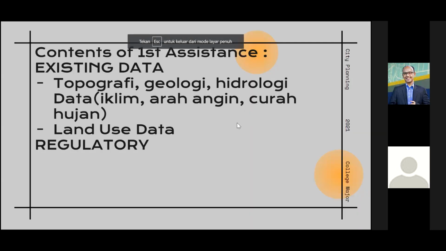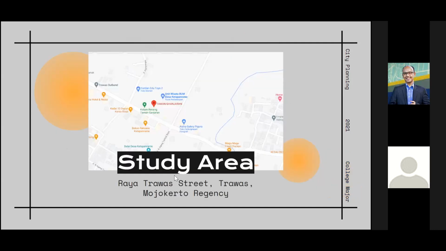And then the land use data and then the regulatory. So first, the study area is on Jalan Raya Trawas, because the evaluation list of what we need to do listed that we need to choose a study case that borders Jalan Raya.